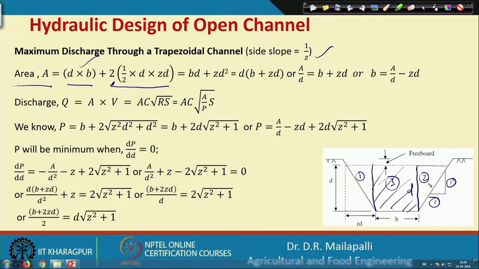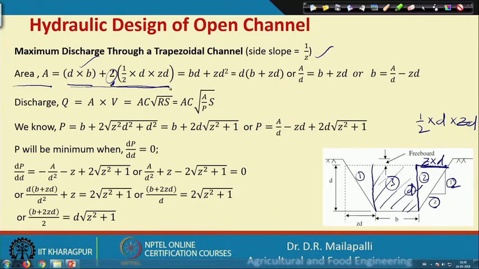Let us find out the area of one triangle. That is half into D, this is the depth. You need to find out what this base is. Since the slope is 1 to Z, when it is 1 it is Z, when it is D, it is Z into D. So half D into Z into D, and because there are two triangles, 2.